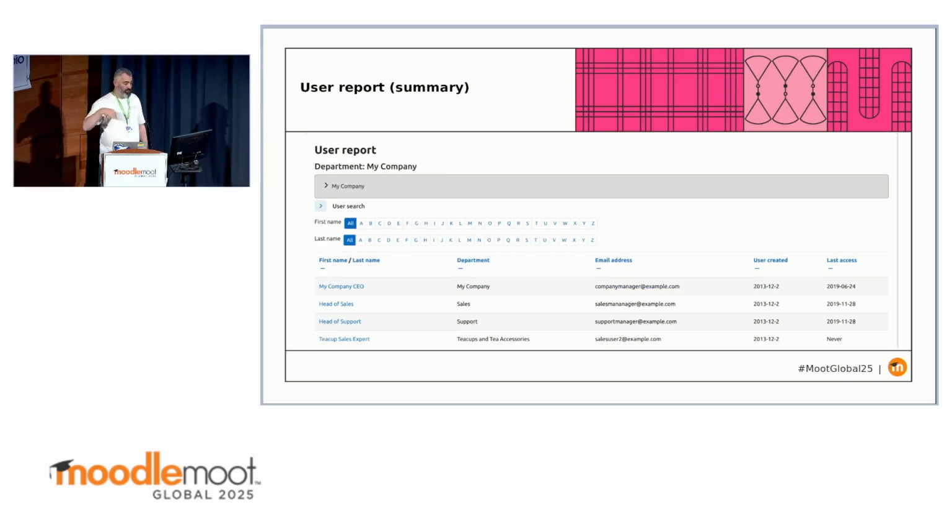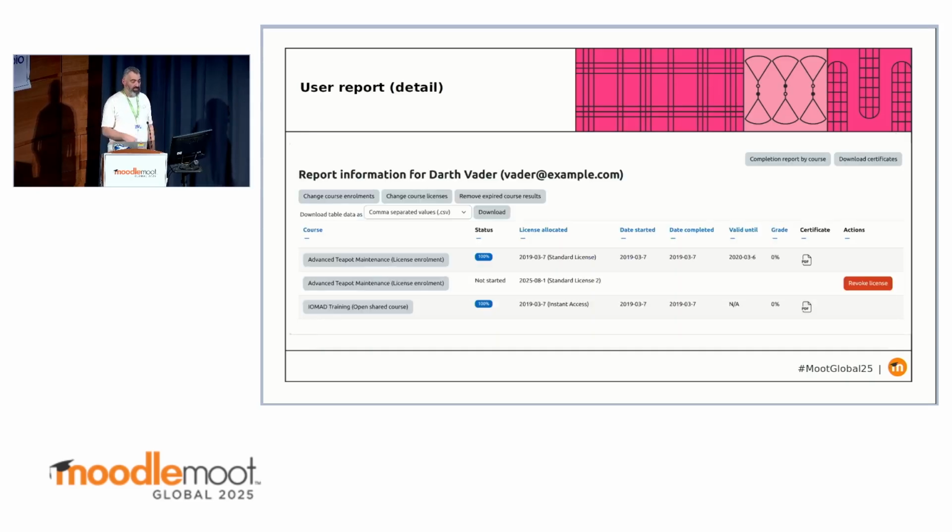Big list of users, department they're in, again, normal search stuff, when they were created, when they last accessed, and I can search through that. If I click on one of their names, in the same way as if I clicked on the course detail page, it will take me through to the courses that user has done that's been recorded from day dot.